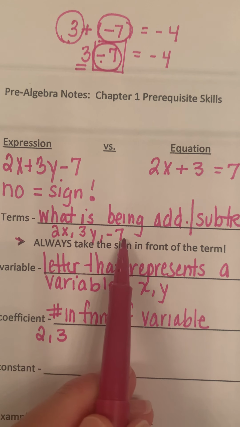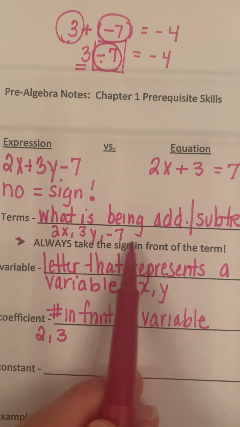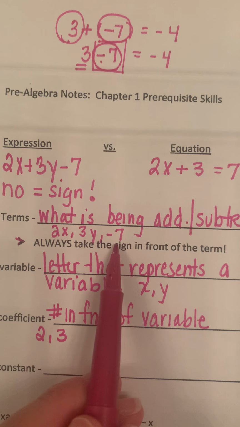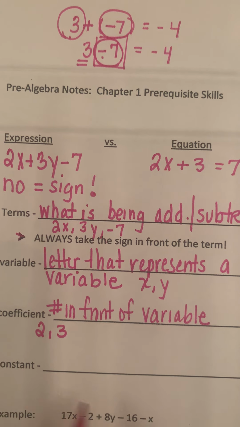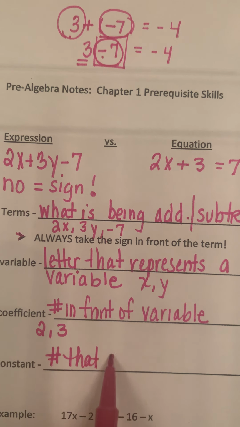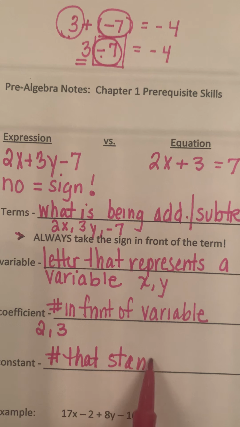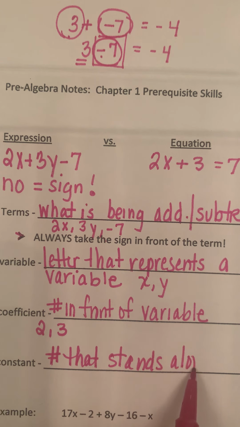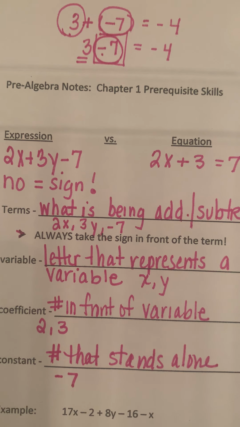This -7 does not have a variable behind it, so it's not considered a coefficient. What that -7 is considered to be is a constant, and a constant is a number that stands alone. It's constant. It's never going to change. So again, you always take that sign in front.